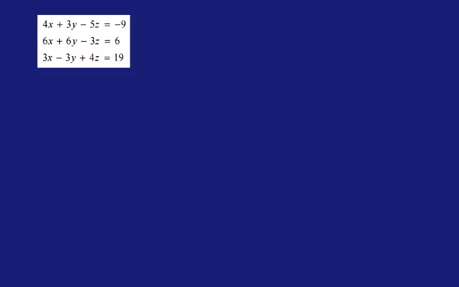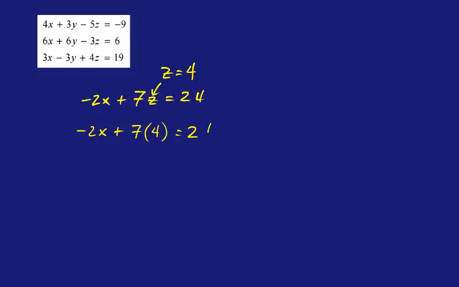So you have, I think we had negative 2x plus 7z equals 24 as one of our equations. That was the one we multiplied by 6. So if I take that and plug in z, we said z equals 4. So negative 2x plus 7 times 4 equals 24.